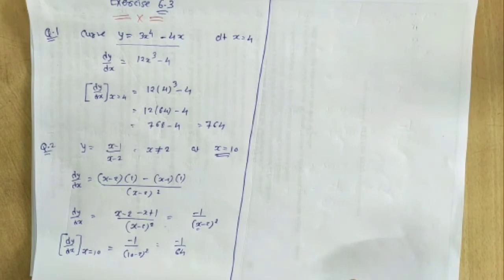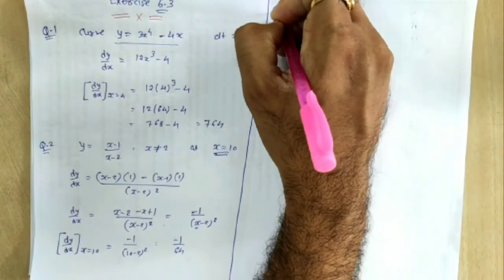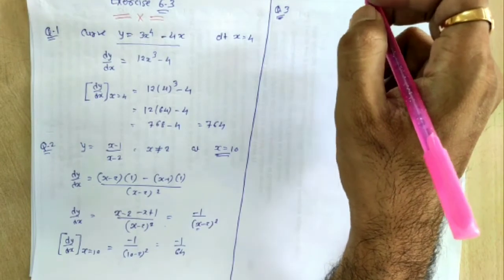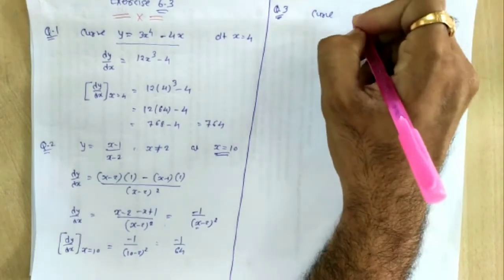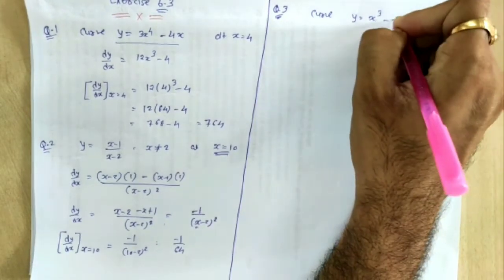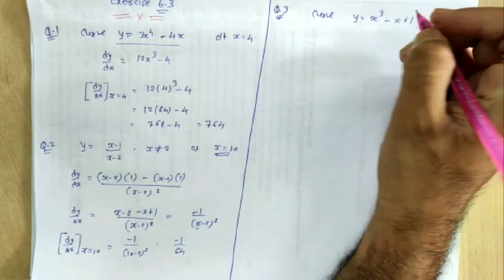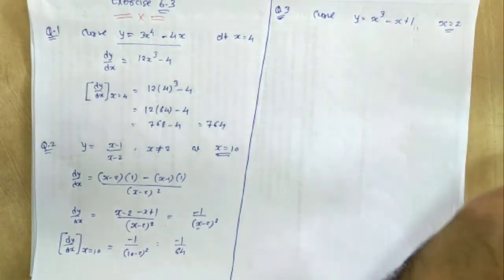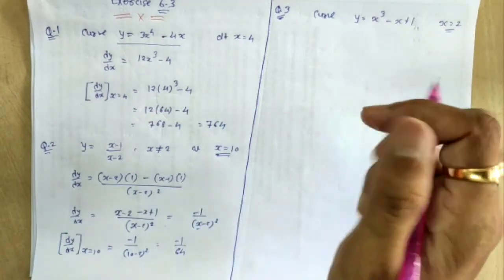Clear? Now next sum, question number 3. We have to find the slope of tangent to a curve. The given curve is y equal to x cube minus x plus 1 at the point whose x coordinate is 2. X coordinate is 2 means x equal to 2. It is given in a different form, but x equal to 2.